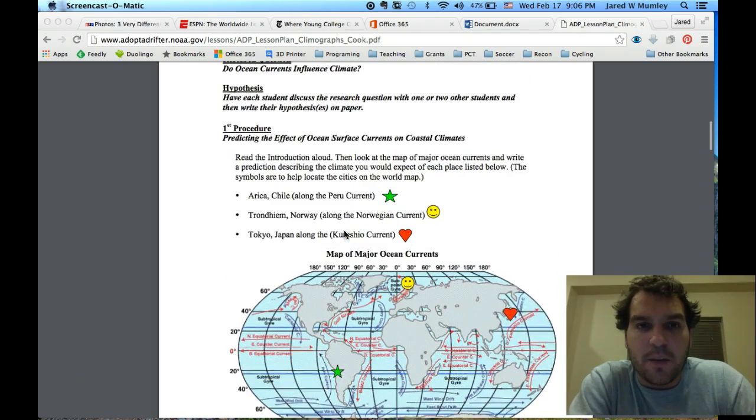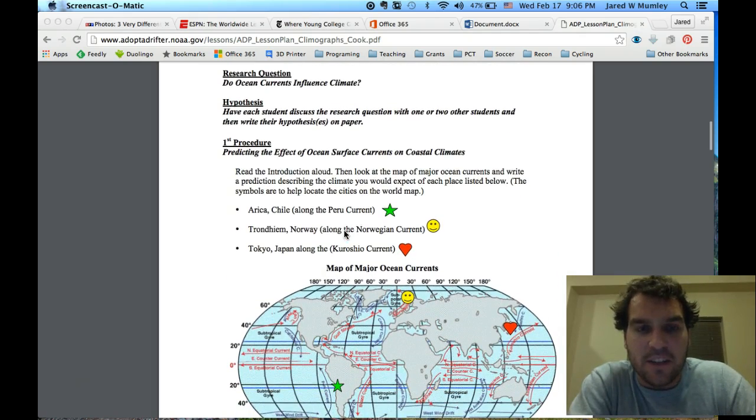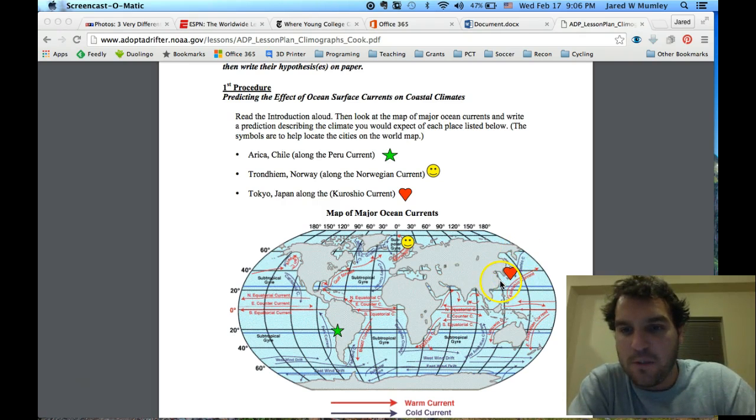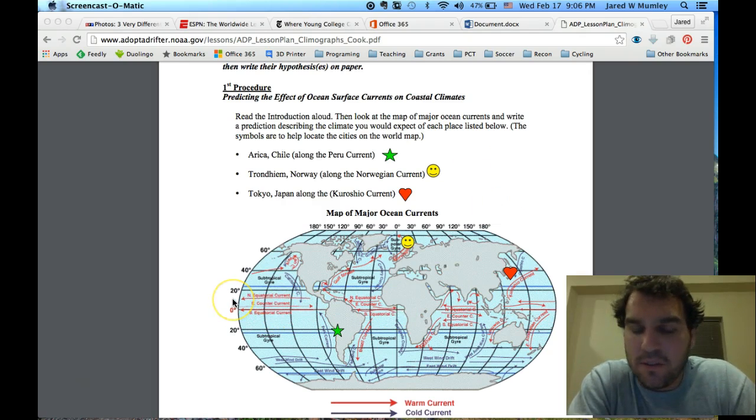You're going to read the introduction as a class, and then make a prediction about these three locations. We have the western coast of South America, the area north of Scandinavia, and the area off the coast of Japan. You're going to make predictions on how those currents affect climate, and I'll let you look at those yourself.